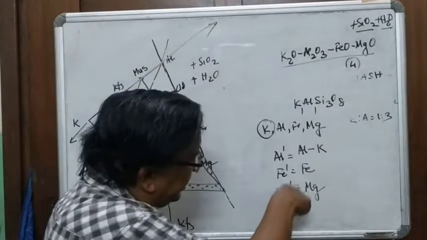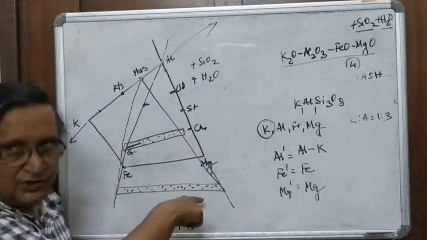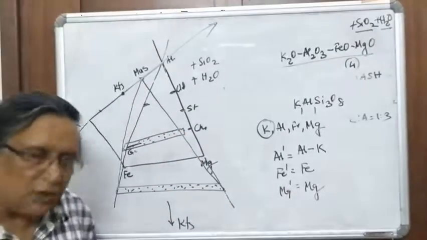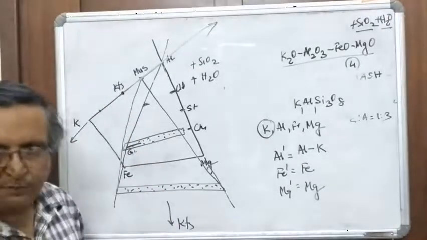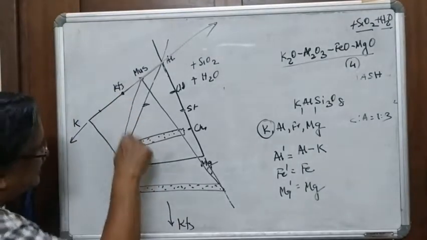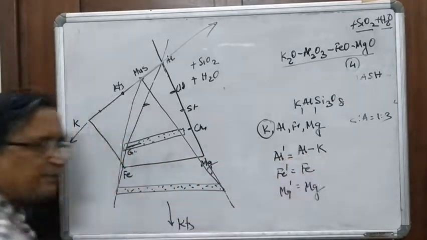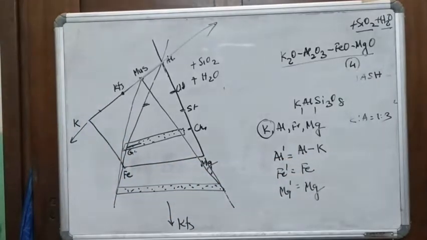These are plotting coordinates and these are plotting positions. Muscovite is the source from which the plotting is done. Here it is done from K feldspar. If I plot from K feldspar, biotite will appear higher because you're subtracting less potassium. So aluminium will go up.